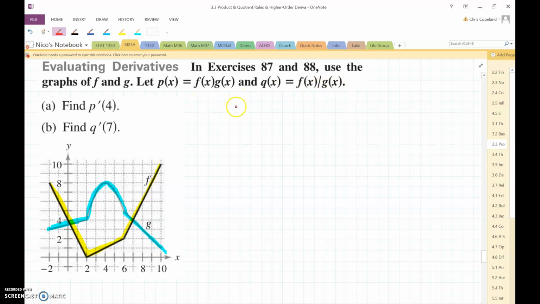So remember that if we take the derivative of f of x times g of x with respect to x, this is just the product rule. So it would be the first times the derivative of the second plus the second times the derivative of the first.